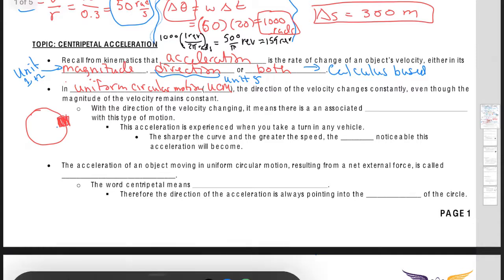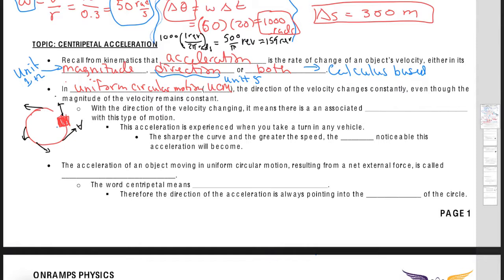Everywhere along this path, it's going to have a velocity that ends up being perpendicular to the motion, but the magnitude of that velocity will not change. So how do we produce this constant speed but constantly changing direction?